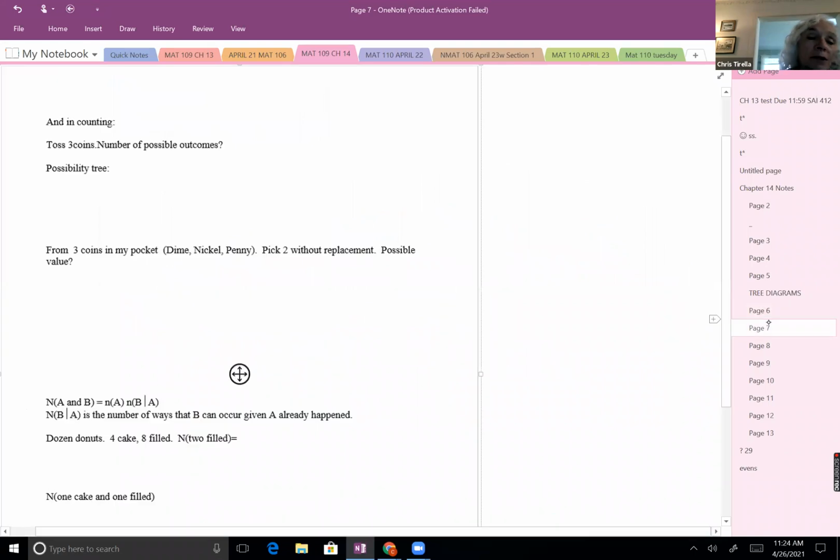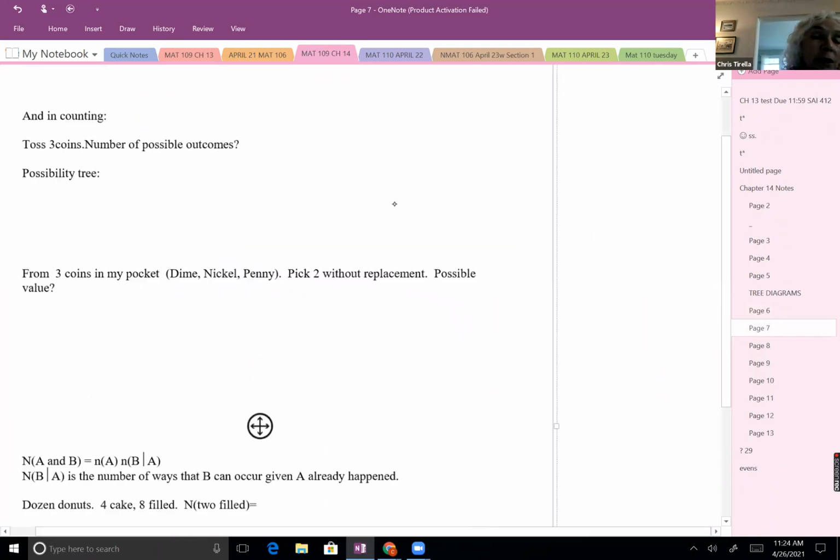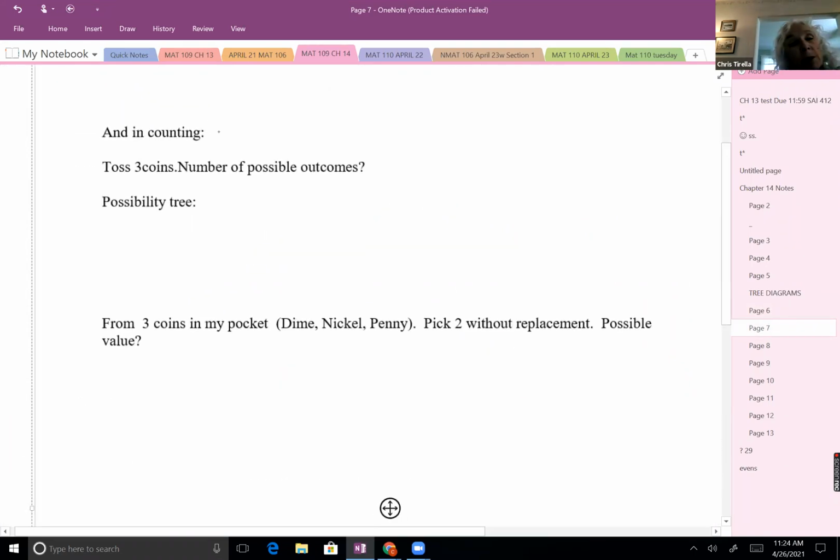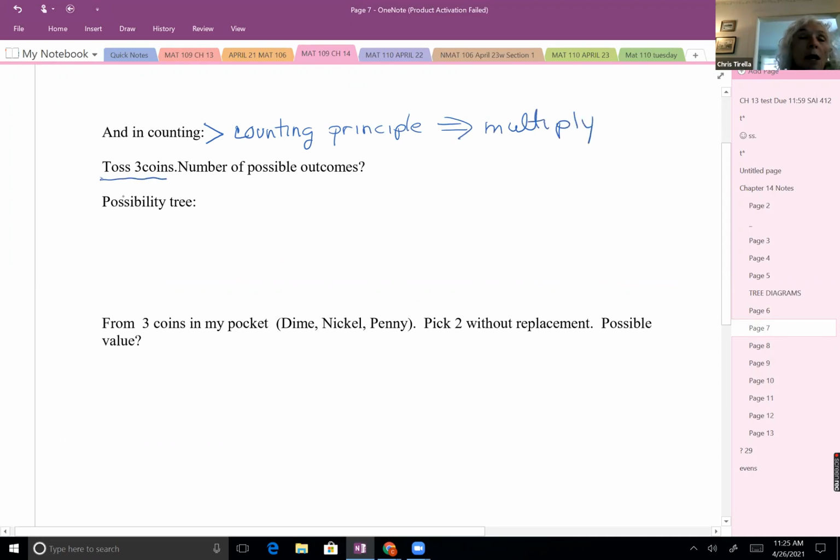Next, we're going to look at the word and in counting, and that's where our counting principle said to multiply. And so if I toss 3 coins, how many possible outcomes are there?